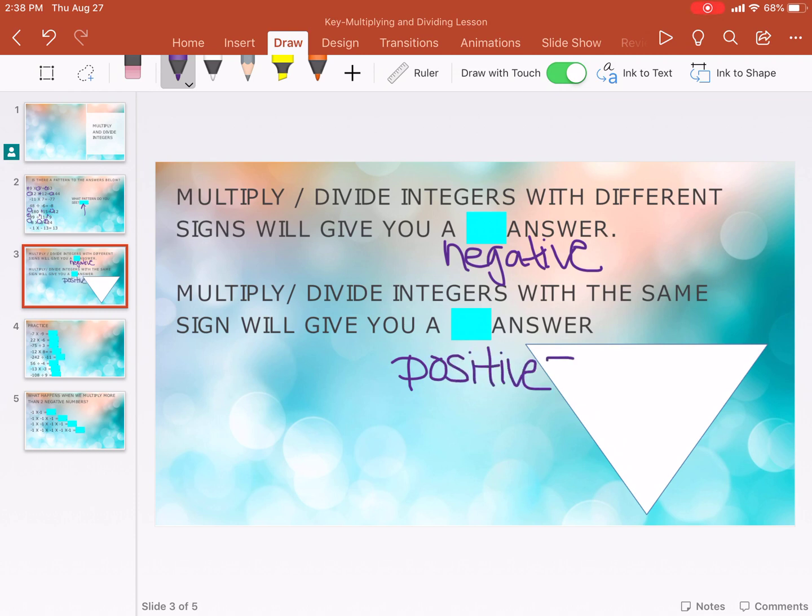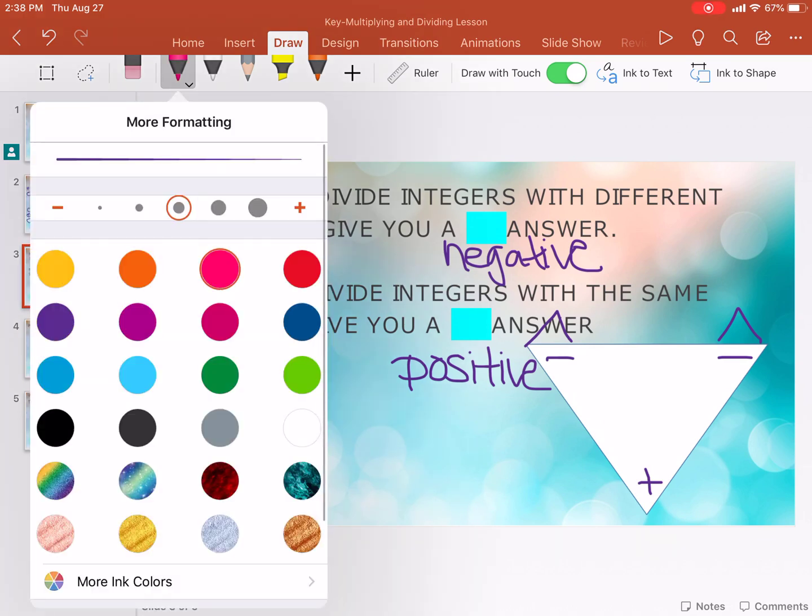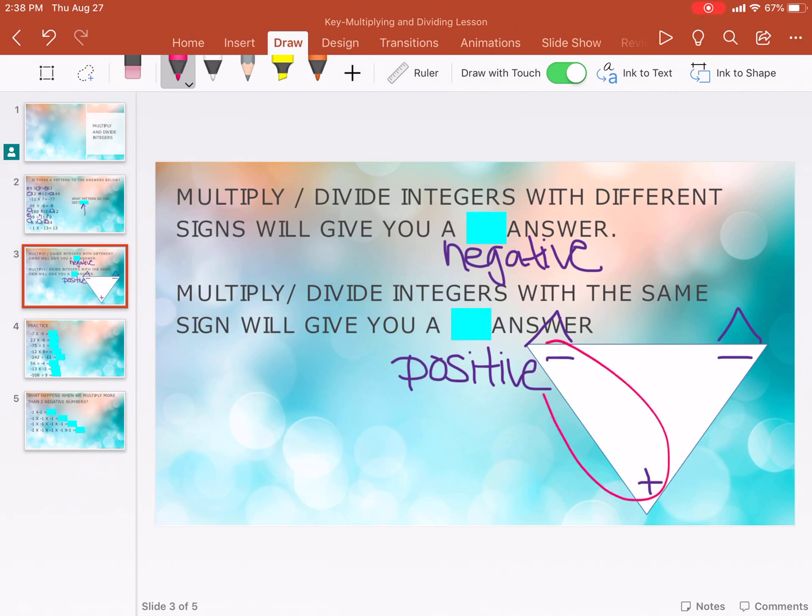I always draw this little sleeping dog or sleeping cat. I give him some ears because it's cute. Basically, you look at the two symbols that you have, and then the third will be your answer. So if you have a negative and a positive, your answer is negative. If you have a negative and a negative, your answer is positive.